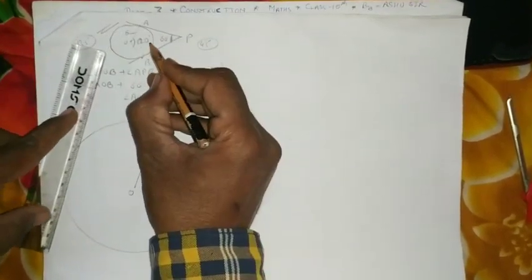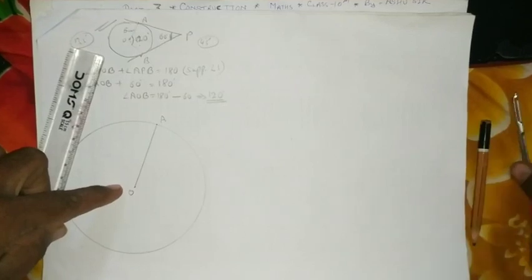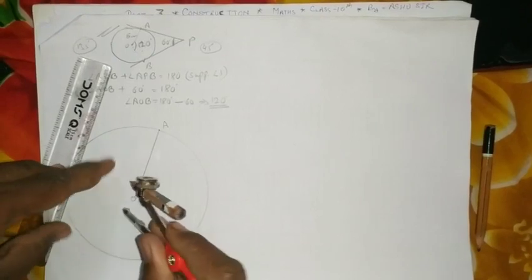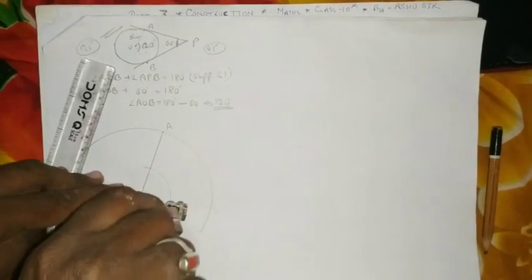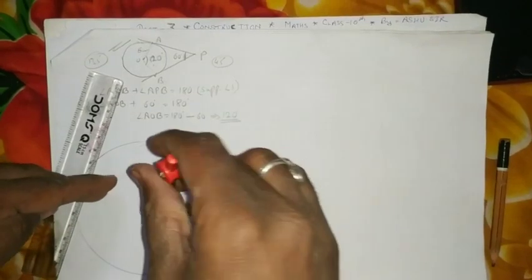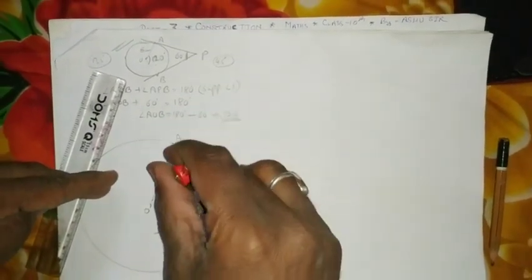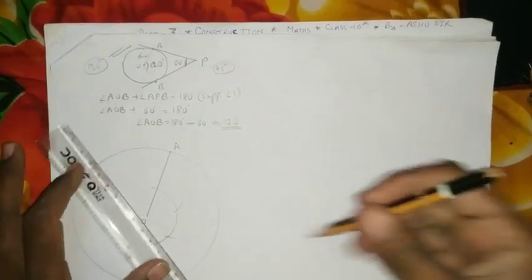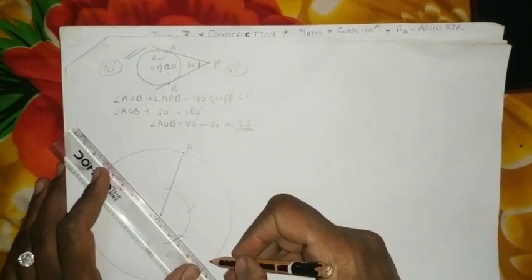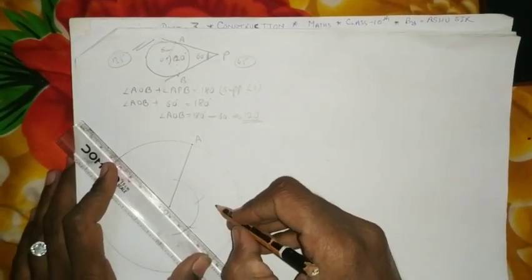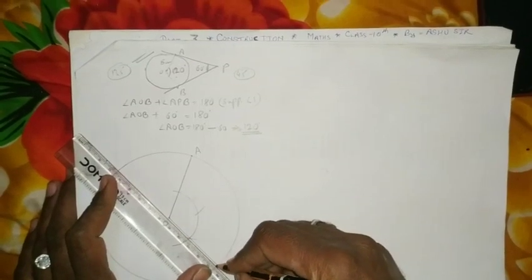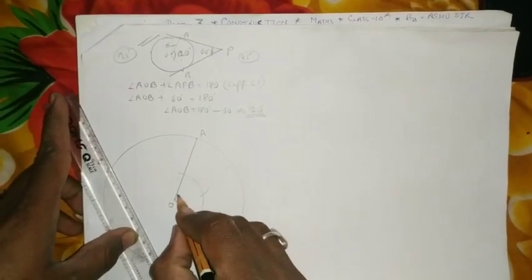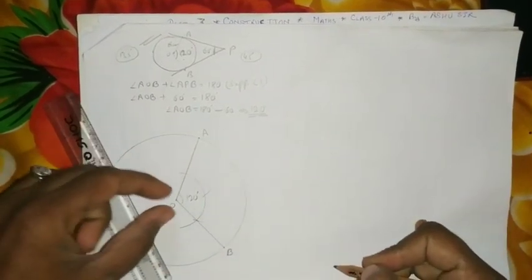Then we want a 120 degree angle at the center. So construct the angle 120 degrees at this point. First cut 60, second cut 120 degrees. Join them. We get the second point with angle 120 degrees, the central angle.